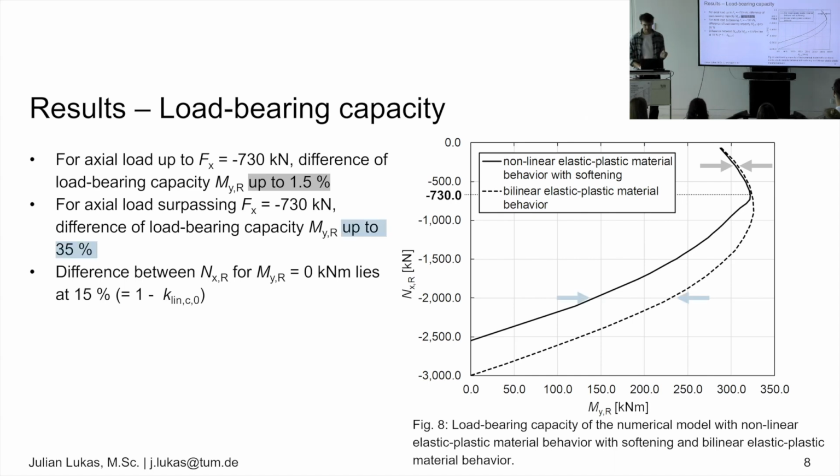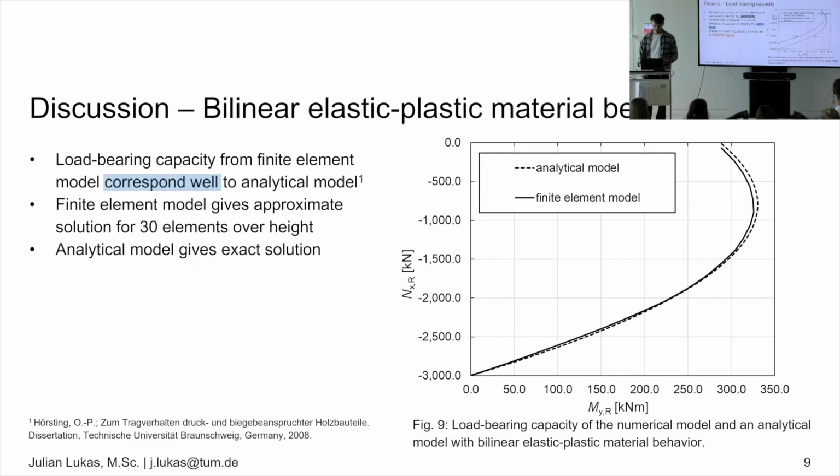But then, after that, we get massive differences, up to 35%, which made me wonder, because I thought if I model it that way, these should look really the same, but I got differences where I had to look deeper into that. Also, when I looked into the differences of the axial forces, for example, I see that I have a difference of around 15% here, which, if you paid attention, is similar to the factor for the proportionality limit. It's basically the same, so there must be some influence of that.